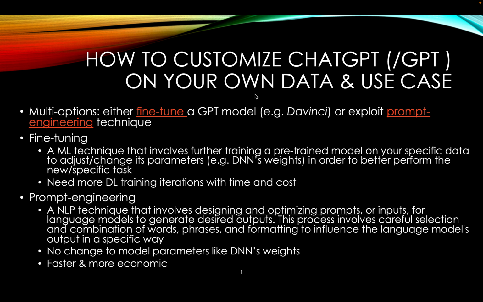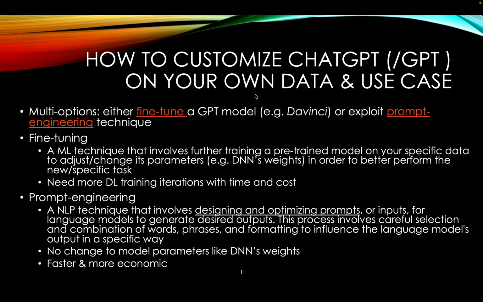The concept of fine-tuning is a machine learning technique that involves further training a pre-trained model on your specific data to adjust its parameters, like the deep neural networks'. In this way, you can optimize your model's performance on new and specific tasks. This technique requires more deep learning training iterations and needs more time and cost.